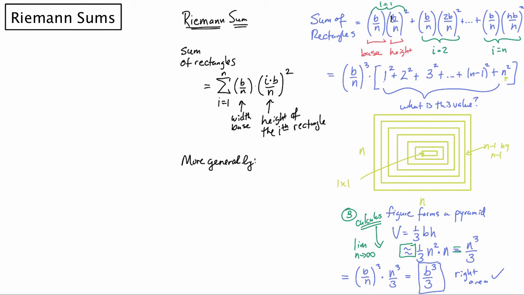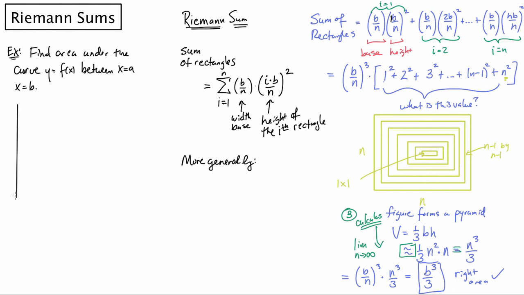My more general problem is this. Let's find the area under the curve y equals f of x between the points x equals a and x equals b.